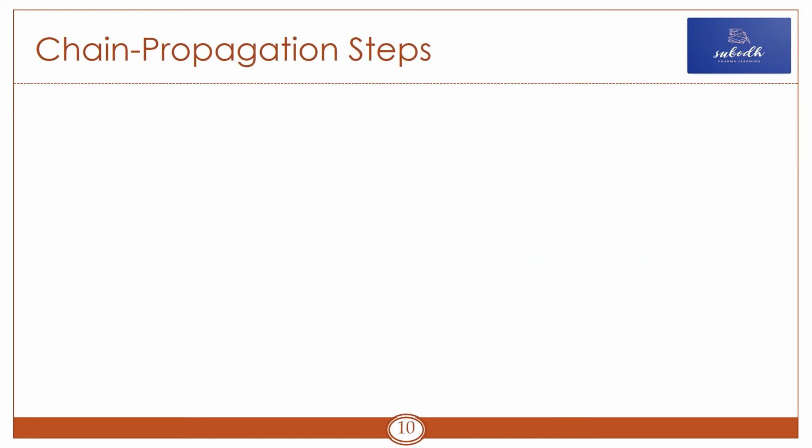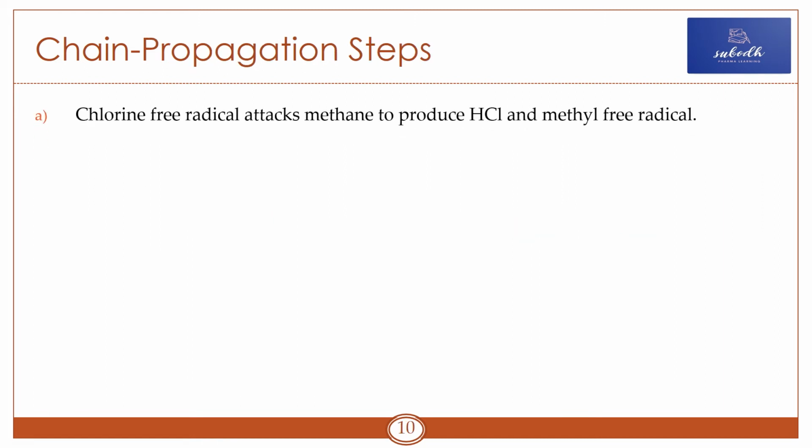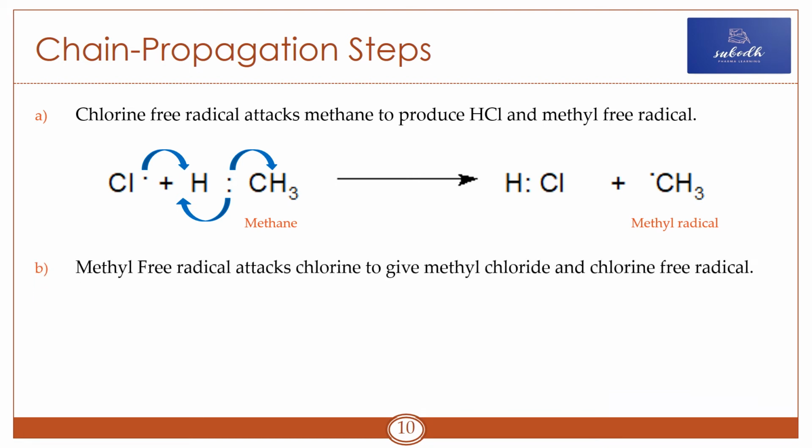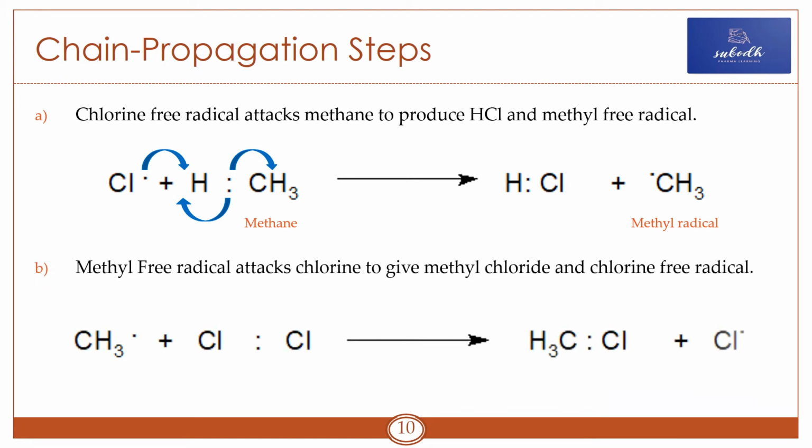In the chain propagation step, the chlorine free radical attacks methane to give methyl free radical and hydrochloric acid. This methyl free radical attacks chlorine molecule to give methyl chloride and chlorine free radical.